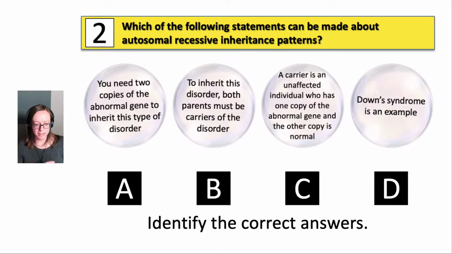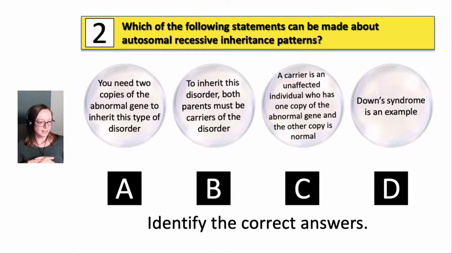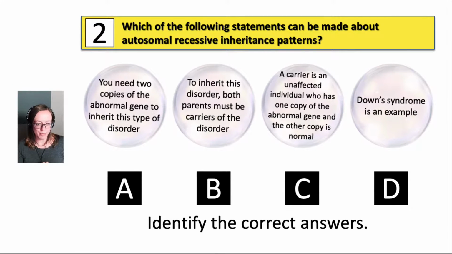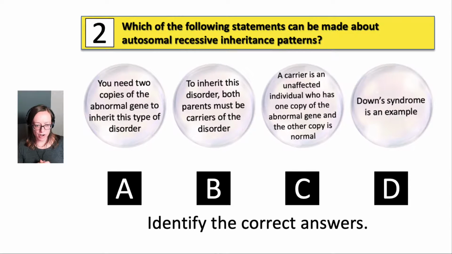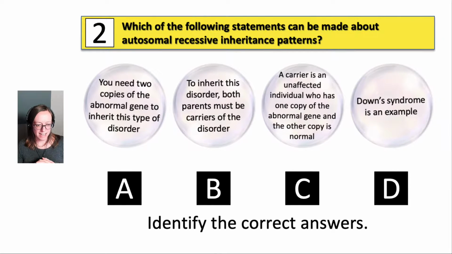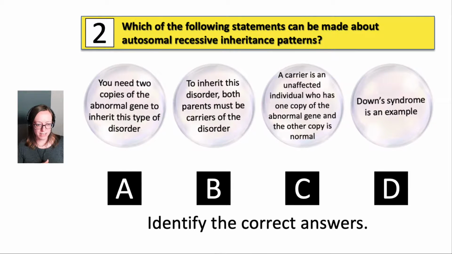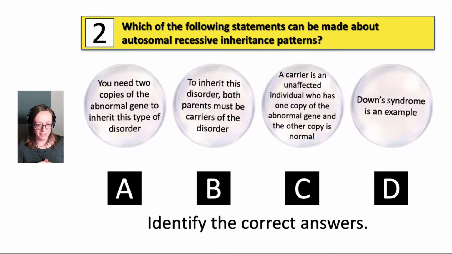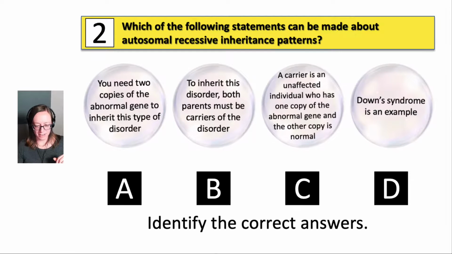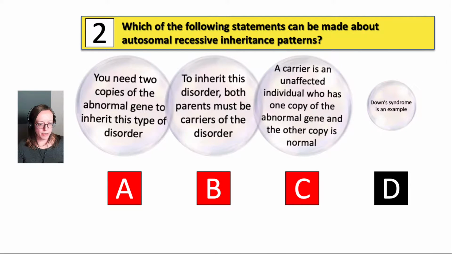I'm hoping that someone's going to know this one. Okay, Binti, hello Binti, is saying A, B and C are correct. Anyone else want to have a go? Kamaljit is saying C. Okay. So, Binti, you are correct.